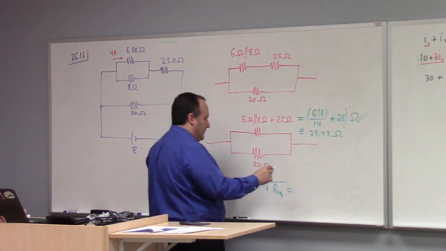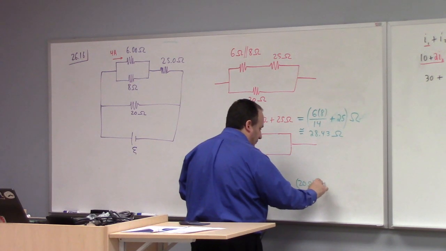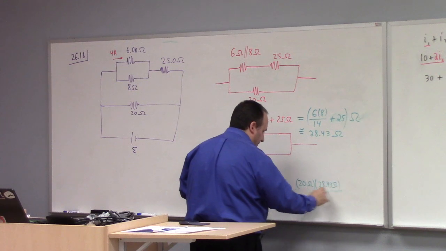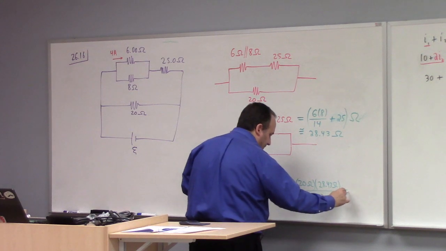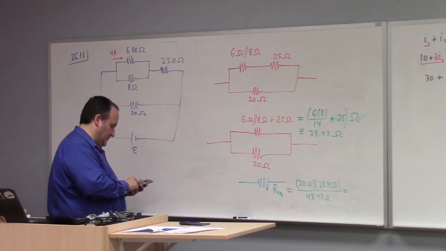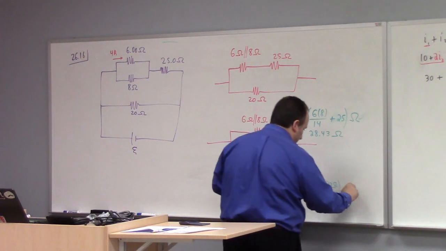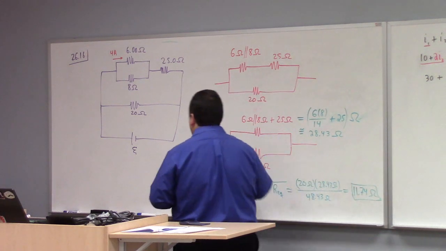So I would do 20 ohms times my 28.43, divided by the sum of those two, which would be 48.43 ohms, and I get 11.74 ohms, which is the equivalent resistance if you put all of this together.